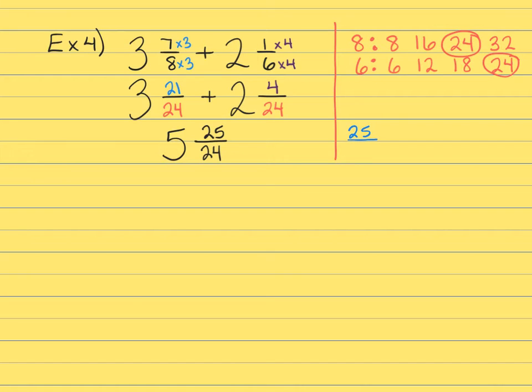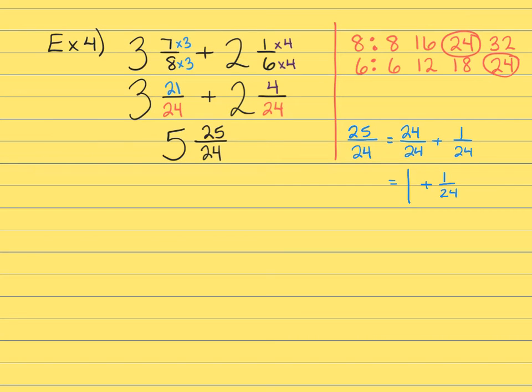But I could go to the side and recognize this, that 25/24 is 24/24 plus 1/24. And I'm saying that because that tells me that it's equal to 1 and 1/24.